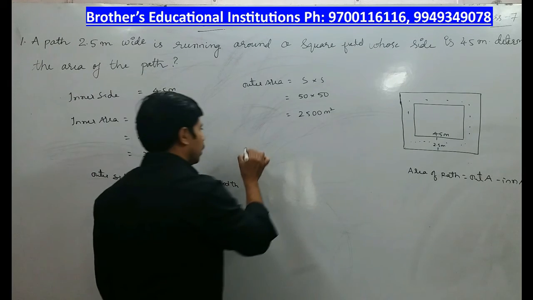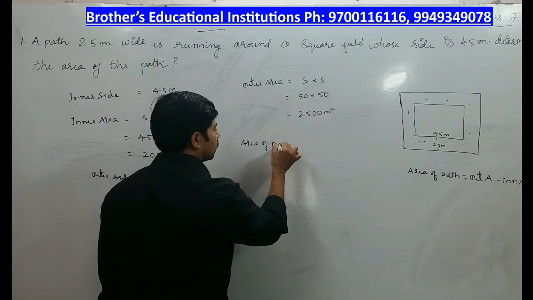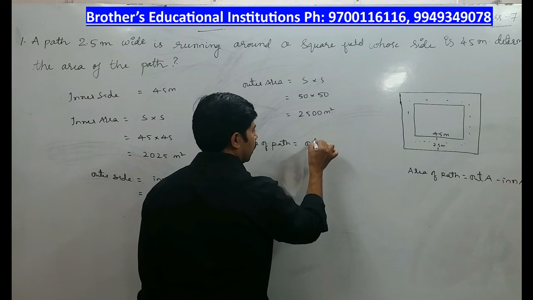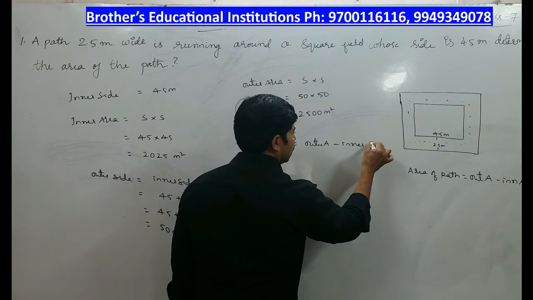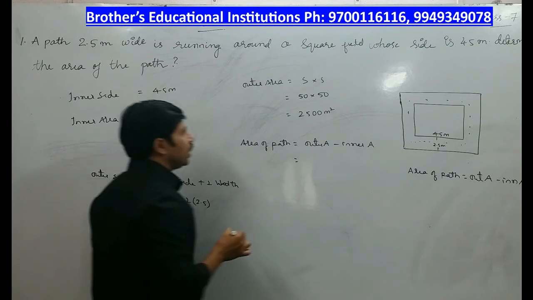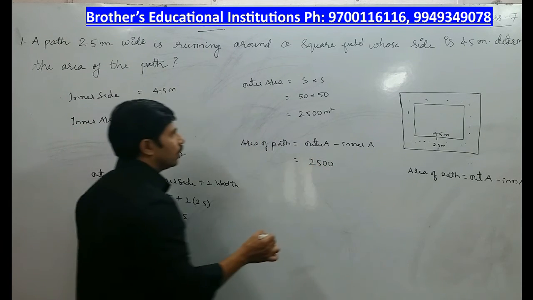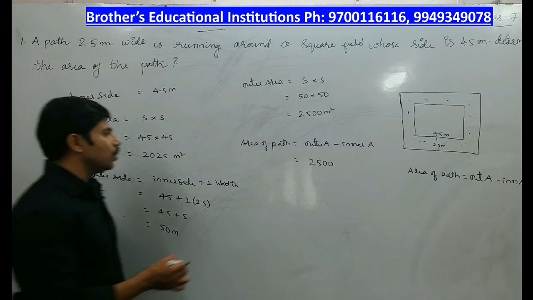After outer area, we will find out the area of path. What is area of path? Area of path is outer area minus inner area. So what is outer area? It is 2500. And what is inner area? It is 2025.